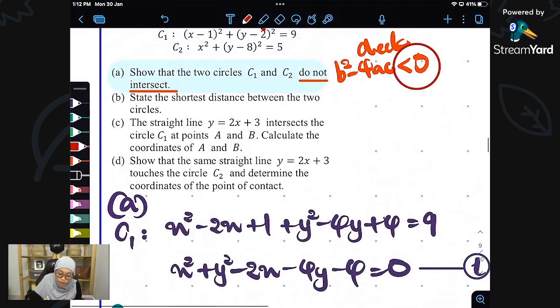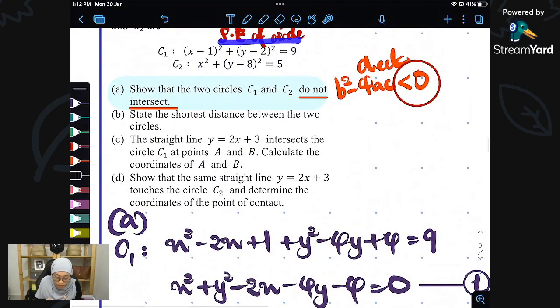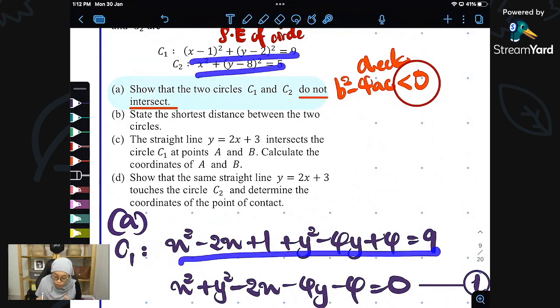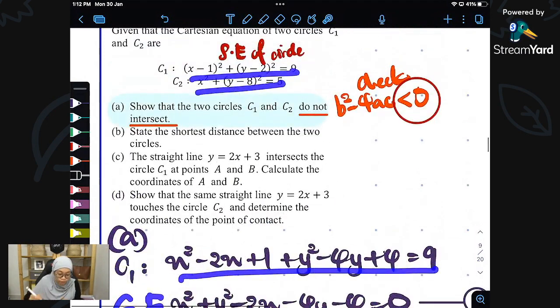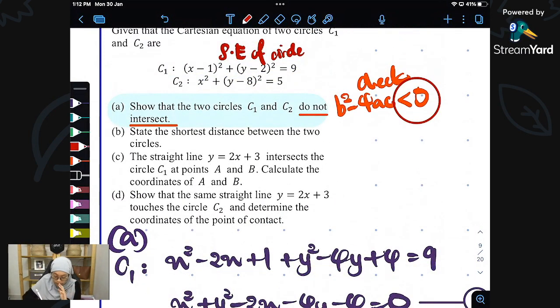So we have two standard form, but I change it both into what? Into GE, into general equations. So from SE, it is changed into GE.